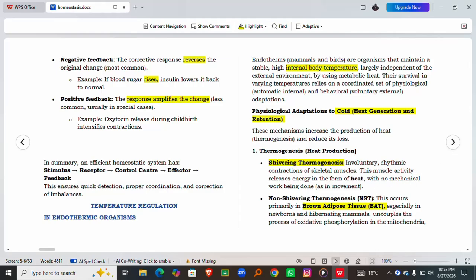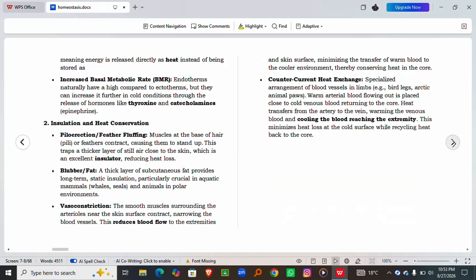So heat is generated from ATP, and this happens in the brown adipose tissue, meaning that energy is released directly as heat instead of being stored as ATP.